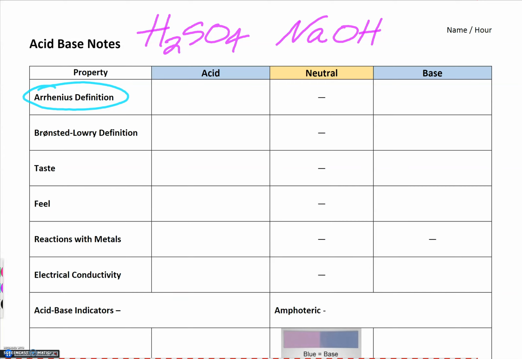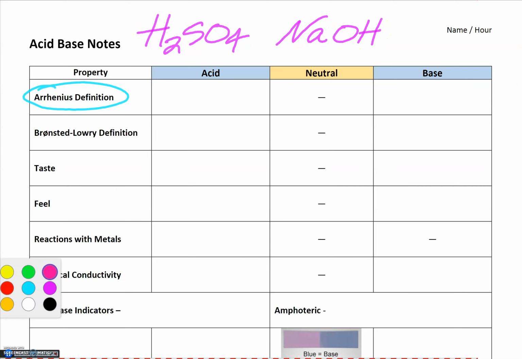If you look at the front of an acid, we're always going to have a hydrogen, at least in the non-organic acids, which are the ones you're going to see. And then over here in the base, you're going to have this OH, or hydroxide. So these are the pieces that identify our acid or our base.